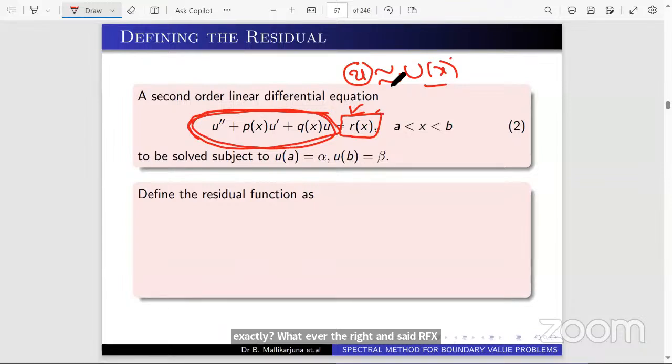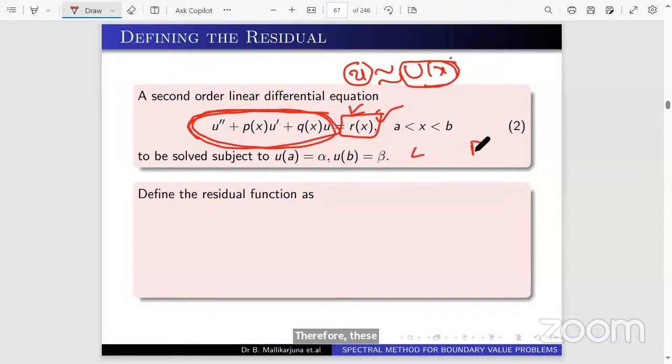There is no guarantee, because we are replacing with an approximation, not the exact expression. Therefore the LHS may be near to R, or sometimes very far from R also.